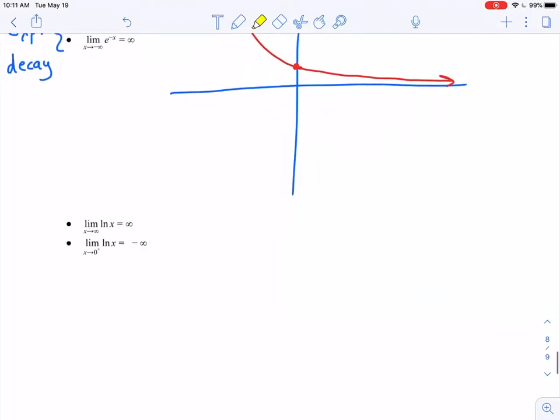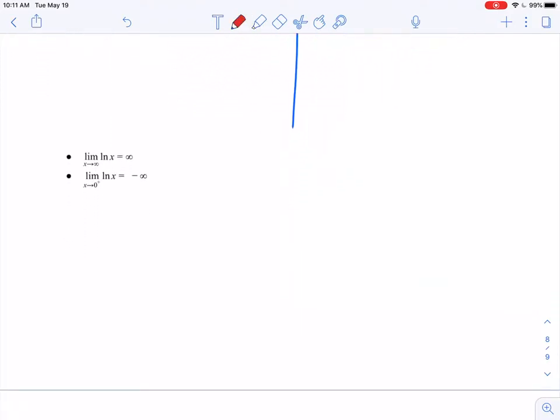Now, logarithms here, we're just going to talk about natural logarithm because that's the most important one. Here, you'll notice right away, if you're looking at this, the left-hand end behavior actually looks a little bit different. This isn't a typo here. It says limit as x approaches 0 from the right-hand side.